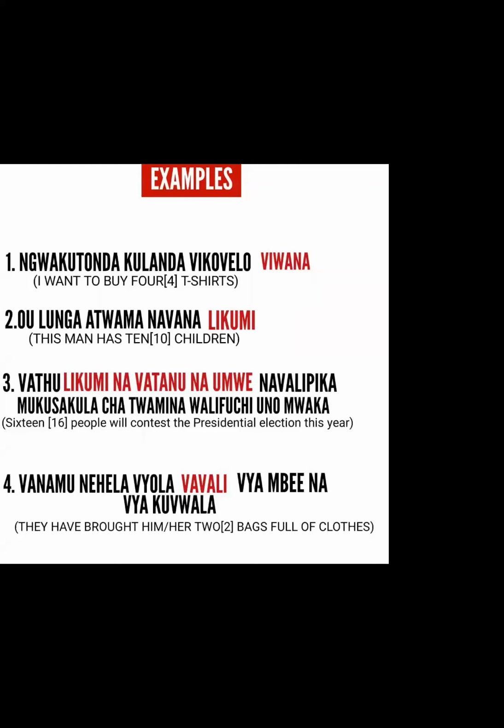Kulanda, to buy, this is a verb. Bikobelo are t-shirts or shirts. We use the same word in Luvale, chikobelo singular, bikobelo plural. Ngwa kutonda kulanda bikobelo biwana. I want to buy 4 t-shirts.